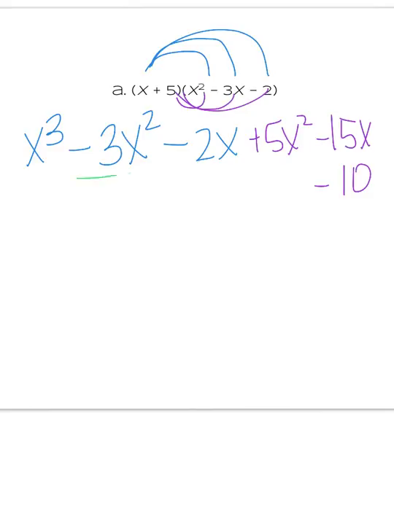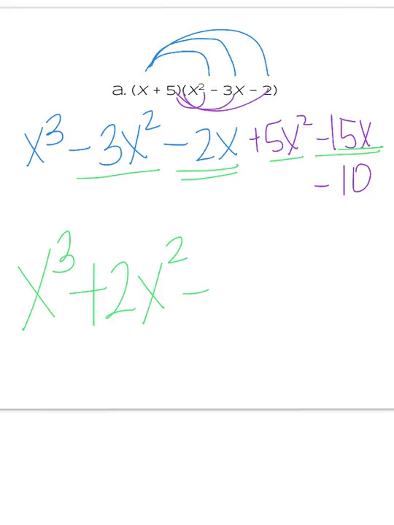So I'm going to combine negative 3x squared and 5x squared. And I'm going to combine negative 2x and negative 15x. So my final answer is x cubed plus 2x squared minus 17x minus 10. And that is in standard form.